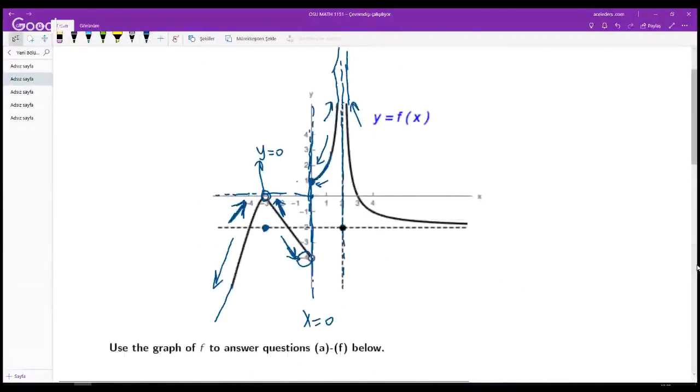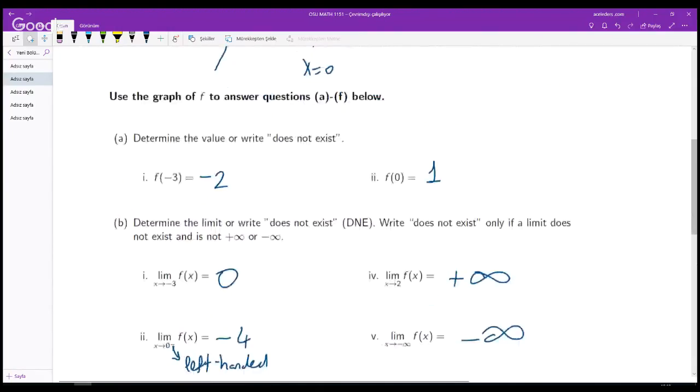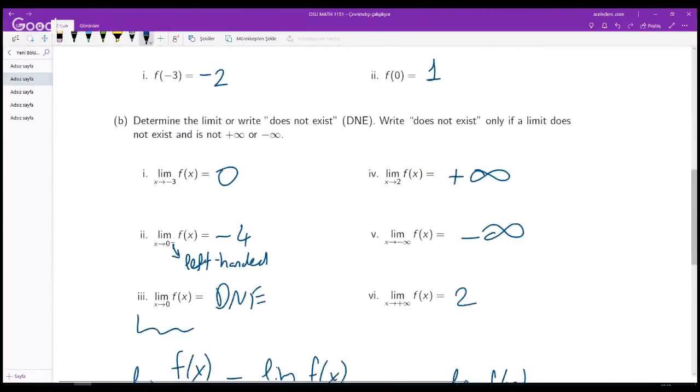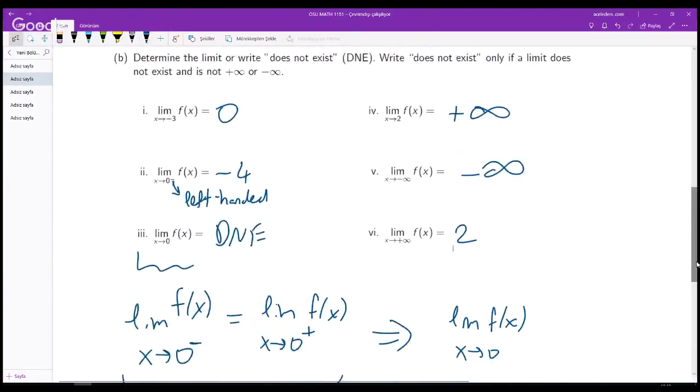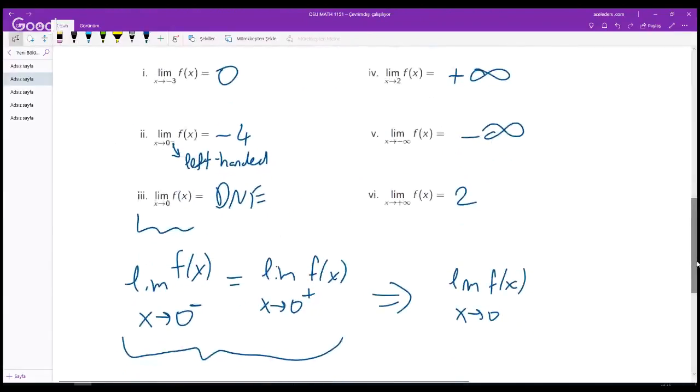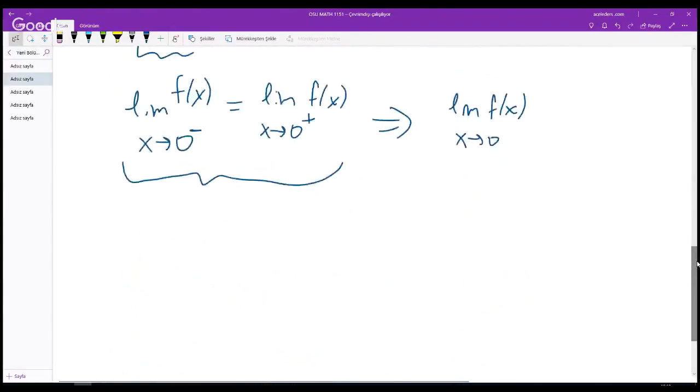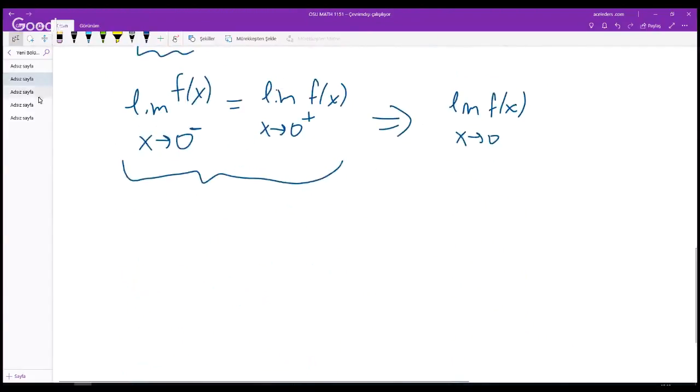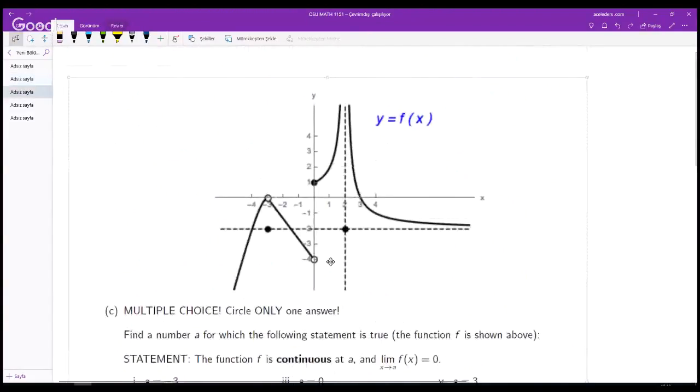And as x goes to positive infinity, I follow y and I see that y approaches this dashed line, which I call the horizontal asymptote, and this line is y equals 2. Therefore, the limit is 2. Okay, so as you can see, we have found all limits, and if you have any questions, please ask, and I will try to explain in a better way.